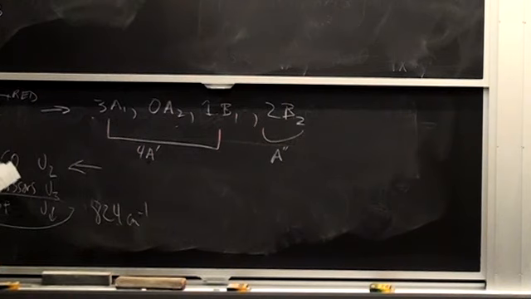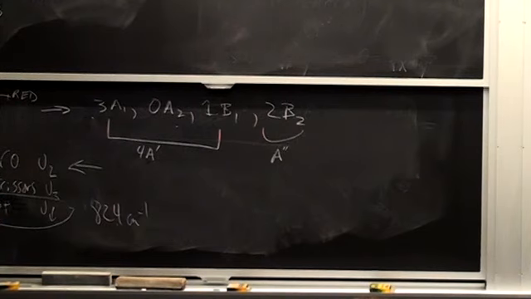Now this is a significantly smaller frequency than all of the vibrational frequencies in the ground state. Now, when you go from the ground state to the excited state, the CO stretch decreases a lot. It goes from 1746 down to, where is it? 1182. So that's a big decrease.